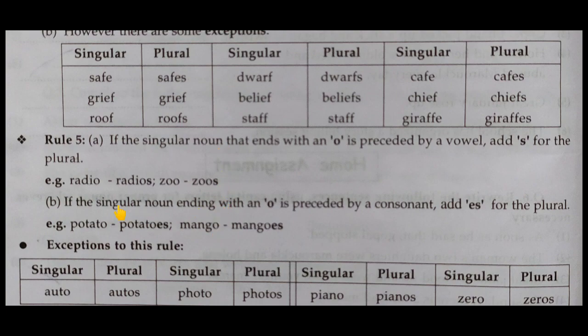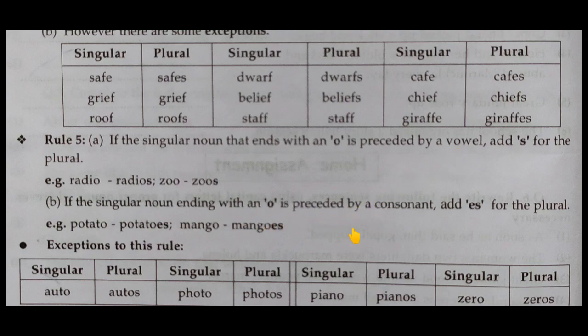Now the second rule is, if the singular noun ends with an o preceded by a consonant, add es for the plural. Here we have seen nouns ending with o and preceded by a vowel. And what is the second rule?